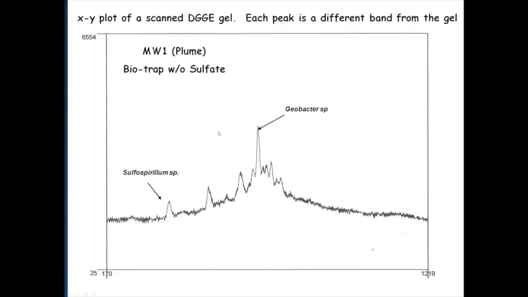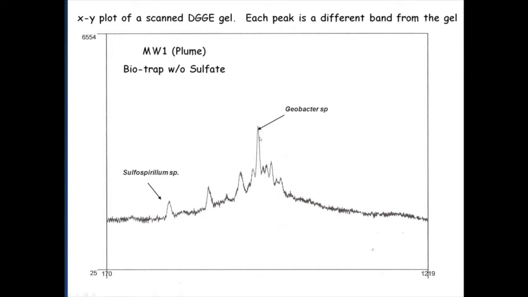Here we are in one of these plumes, and what you're looking at here is just an XY scan showing the intensity of the different bands in the DGGE gels. And here in this particular monitoring well without sulfate, we see one organism that's identified here that's a potential sulfate reducer, Geobacter.